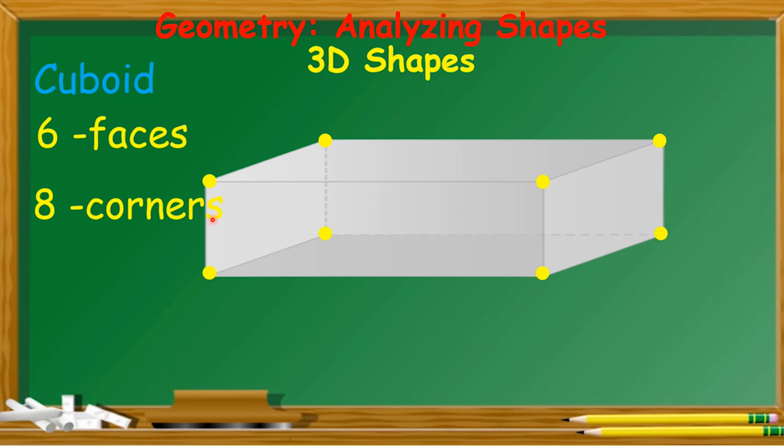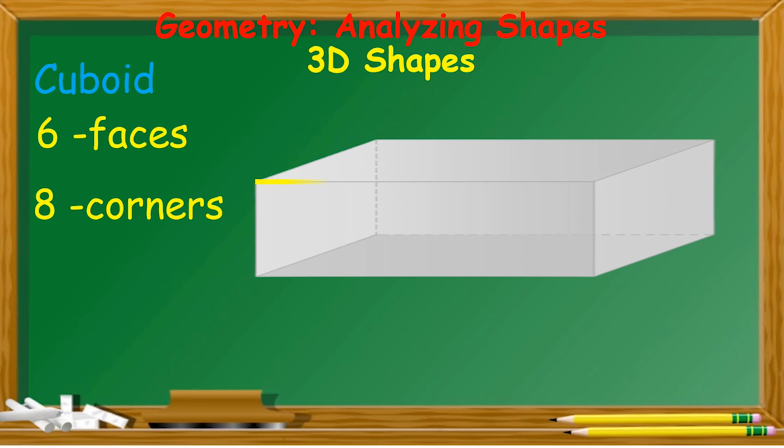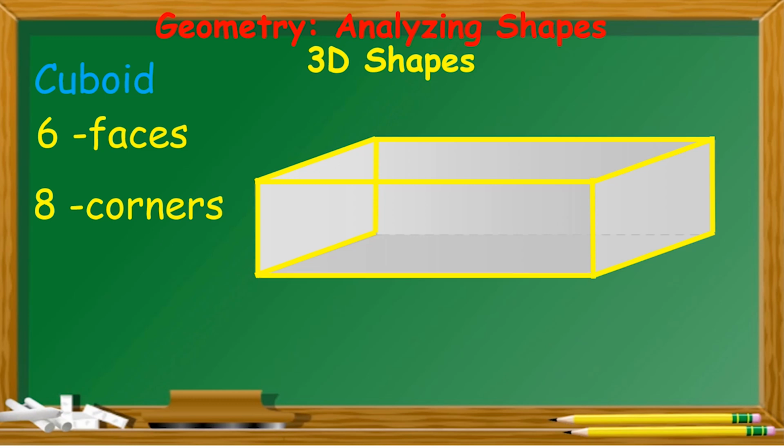Next, how many sides do we have? 1, 2, 3, 4, 5, 6, 7, 8, 9, 10, 11, and 12. So it has 12 sides.